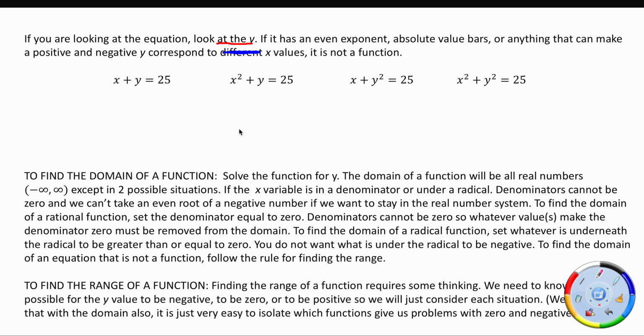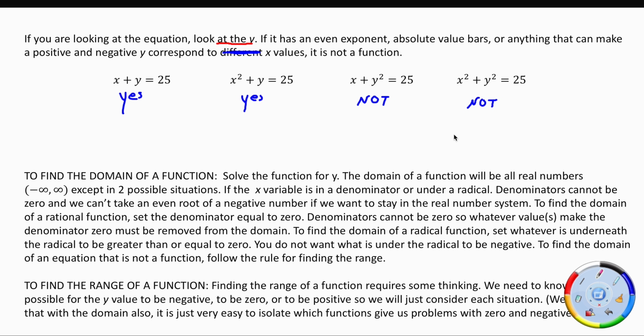So all I have to do to determine if these are functions or not is look at the y's. Okay, so this is a function. This is a function. Oops, this one is not a function, and this one is not a function.